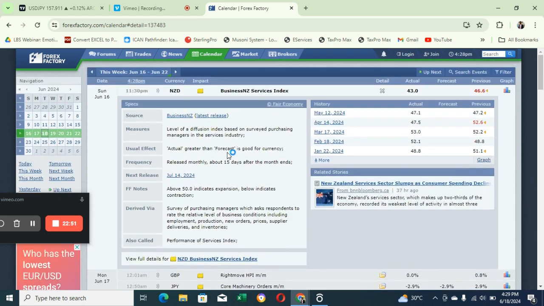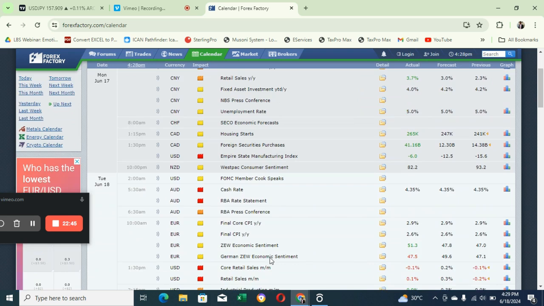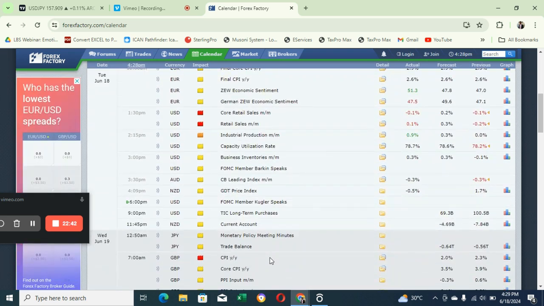So as a trader, you have to take note of all these major happenings. Let's check for today, which is Tuesday, the 18th of June. This retail sales news came up at 1:30 p.m. from the US.